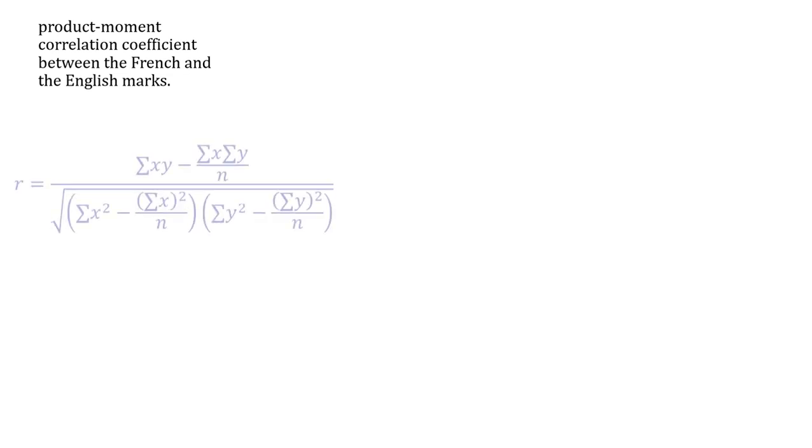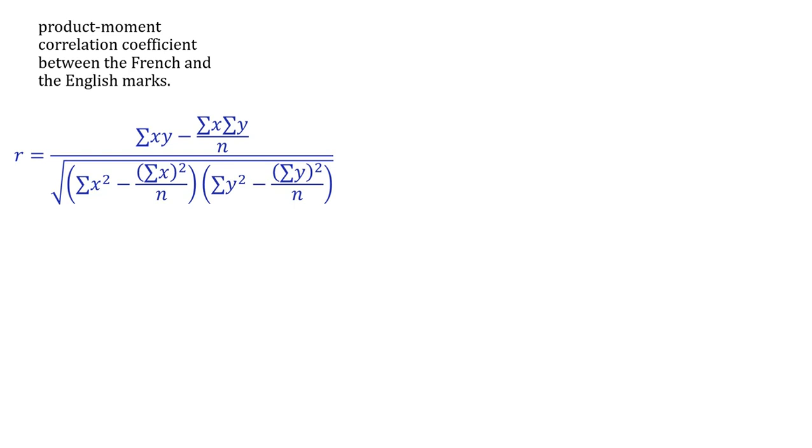To find it, we simply use the correlation coefficient, which is given by R is equal to the sum of xy minus the sum of x times the sum of y divided by n, all of this divided by the square root of the sum of x squared minus the sum of x all squared on n, times the sum of y squared minus the sum of y all squared divided by n.